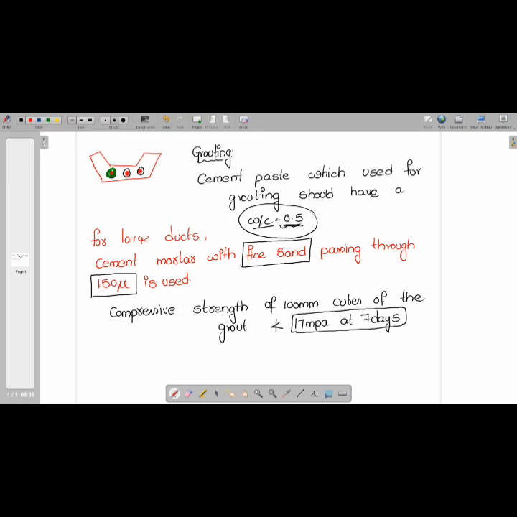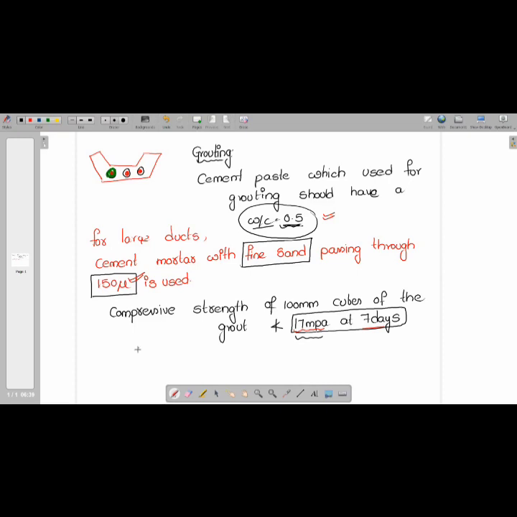I hope you are clear. So the first point is water cement ratio 0.5. Second, the fine sand should pass through 150 micron. And the third is the compressive strength: the compressive strength of 100 mm cubes of the grout should not be less than 17 MPa.